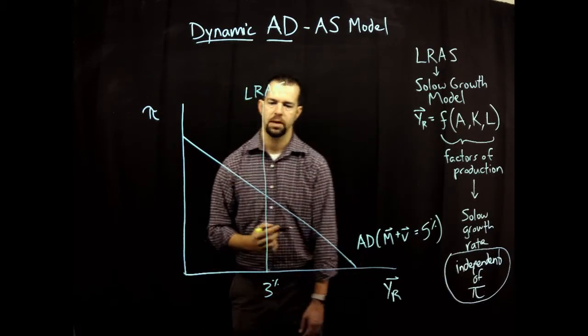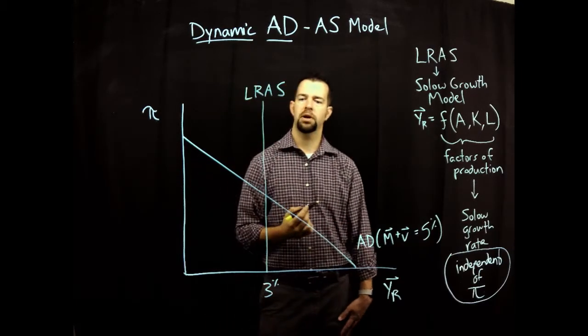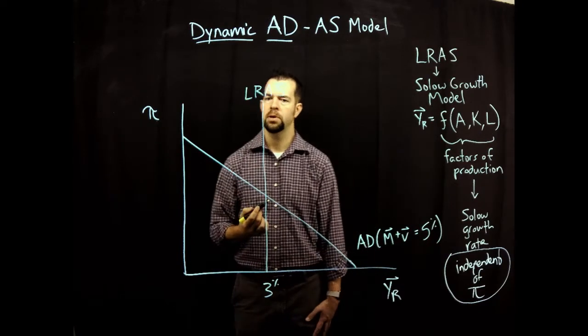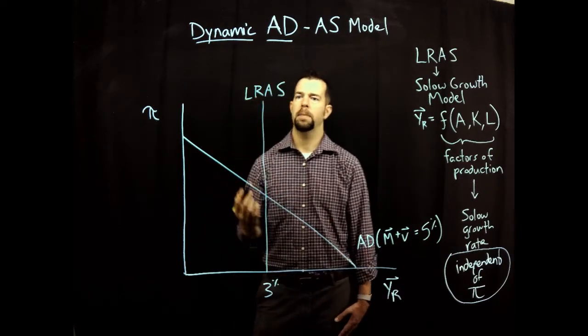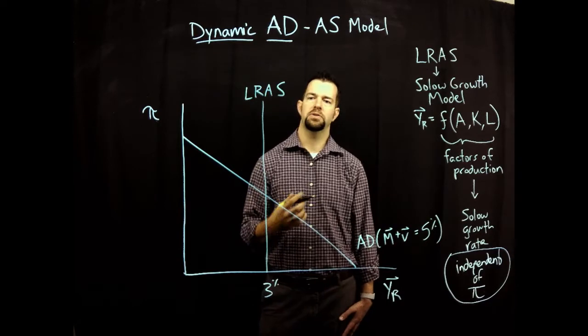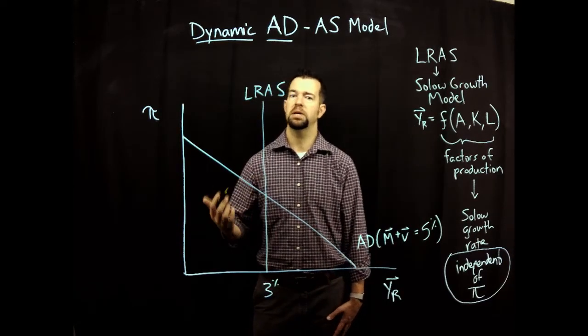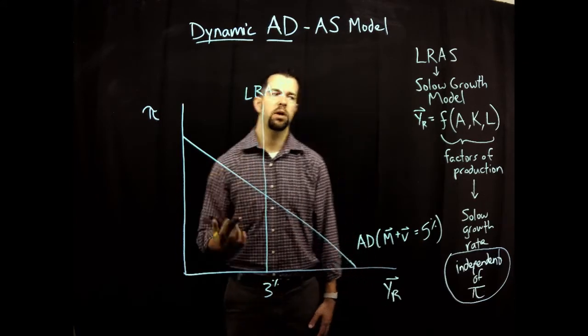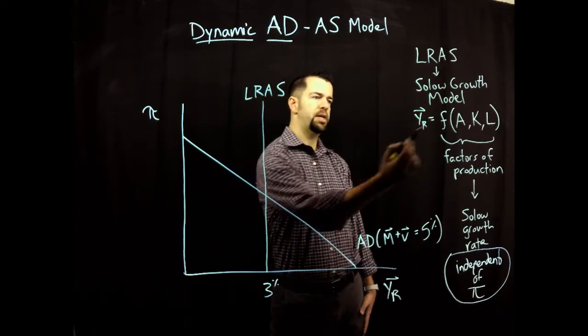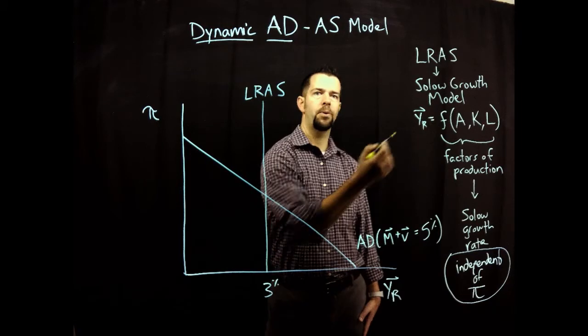Okay. So with just these two curves, we can get an equilibrium that corresponds to a popular macroeconomic theory known as the real business cycle theory. And their attempt is to explain business fluctuations by real shocks to technology, to capital, or labor.